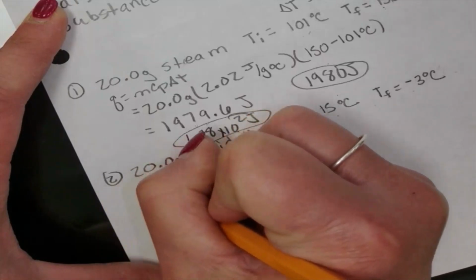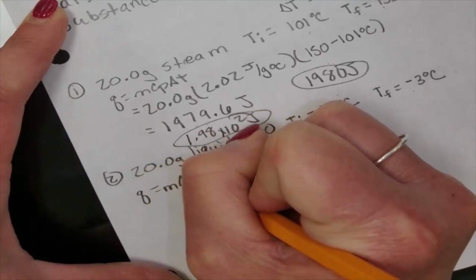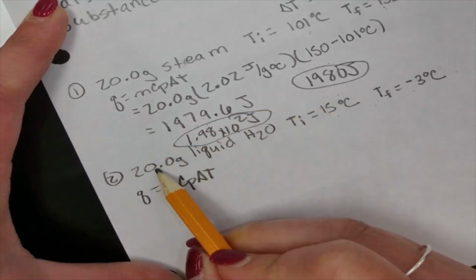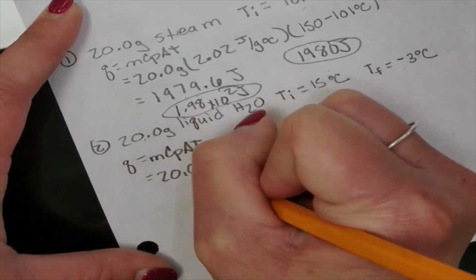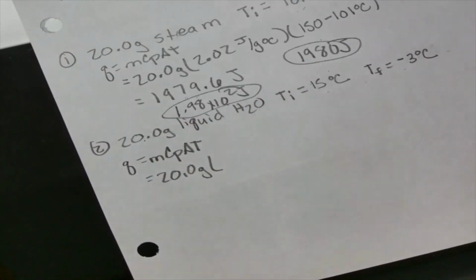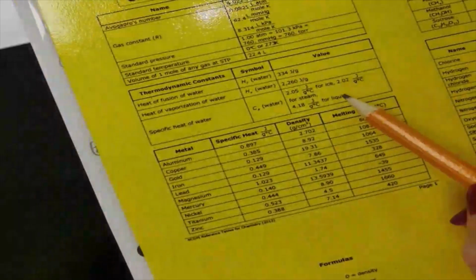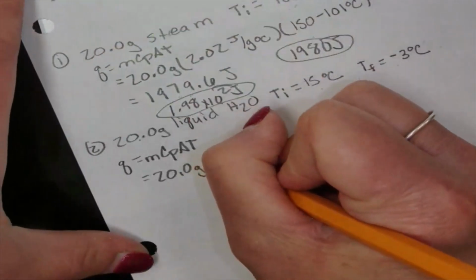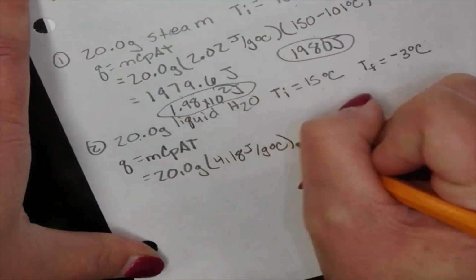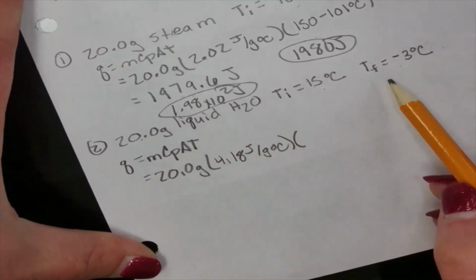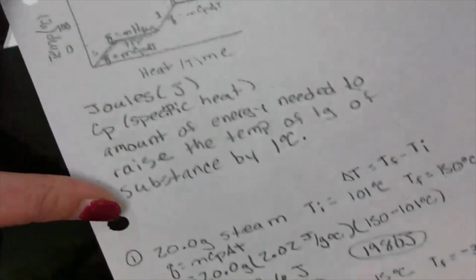So Q equals MC sub P delta T. My mass is 20 grams. My specific heat of water is going to be 4.18. And my temperature, here's where students get messed up.